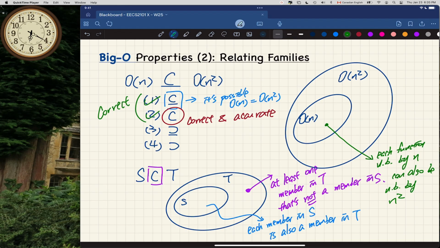Also, I'm going to write it down. Over here, there will be a member here. There's at least one function upper bounded by n squared, but the same function cannot be upper bounded by n.